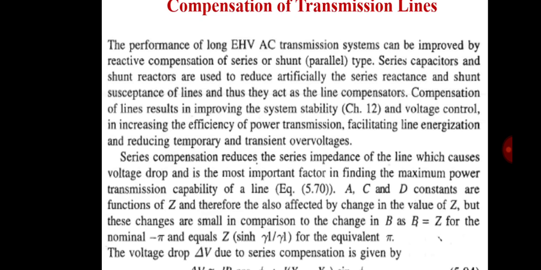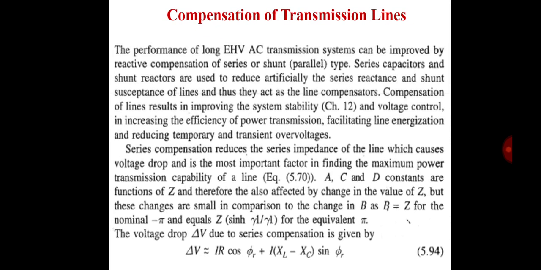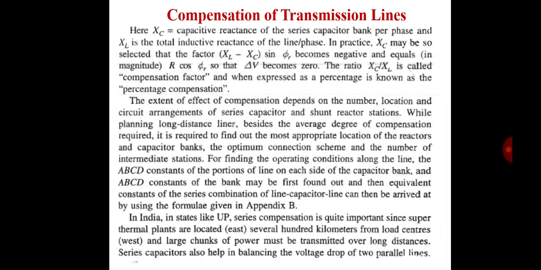Okay, so the voltage drop delta V due to series compensation is given by delta V is equal to I R cos phi R plus I into (XL minus XC) sin phi R. Hence, XC is the capacitive reactance of the series capacitor bank per phase, and XL is the total inductive reactance of the line per phase.